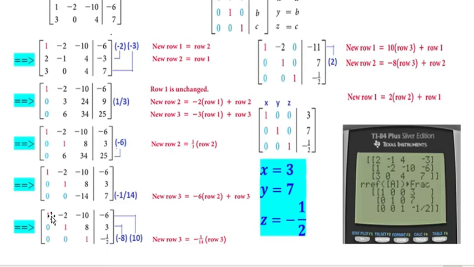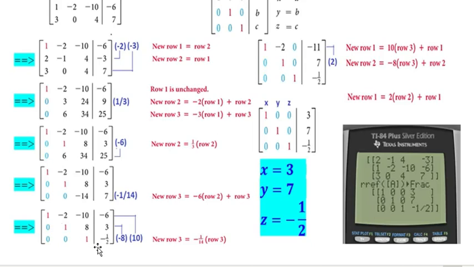Now we have this in row echelon form: 1, 1, 1 in the diagonal, zeros below the diagonal, and A, B, C, some numbers above the diagonal. The result is minus 6, 3, minus half. So this is row echelon form.